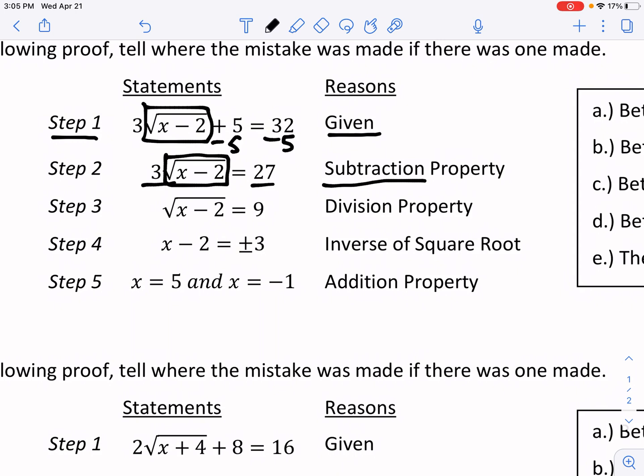To get rid of this 3, we'd have to divide both sides by 3, which would indeed be the division property. And 27 divided by 3 gives us 9. So far it looks okay. They subtracted the 5 to get 27, divided by the 3 to get 9, and so the first 3 steps look okay. From there, what would you have to do?